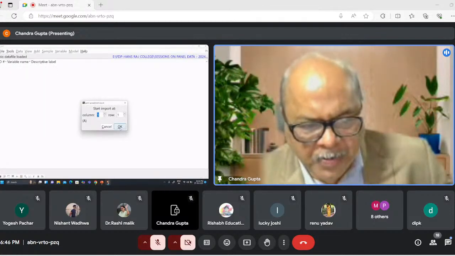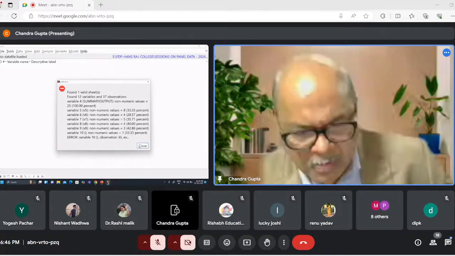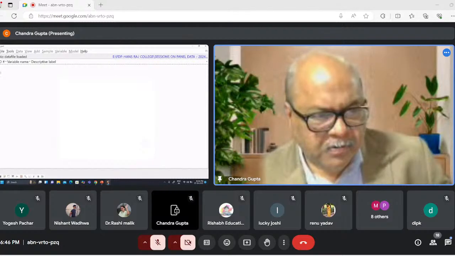Start to import from one row, one column. Okay. Check.